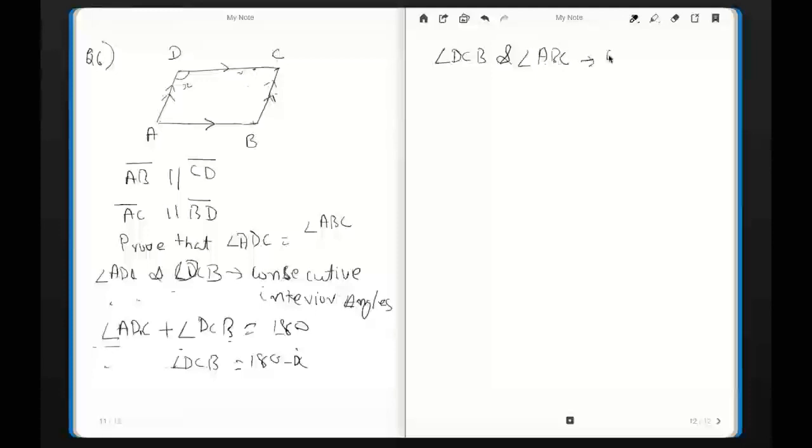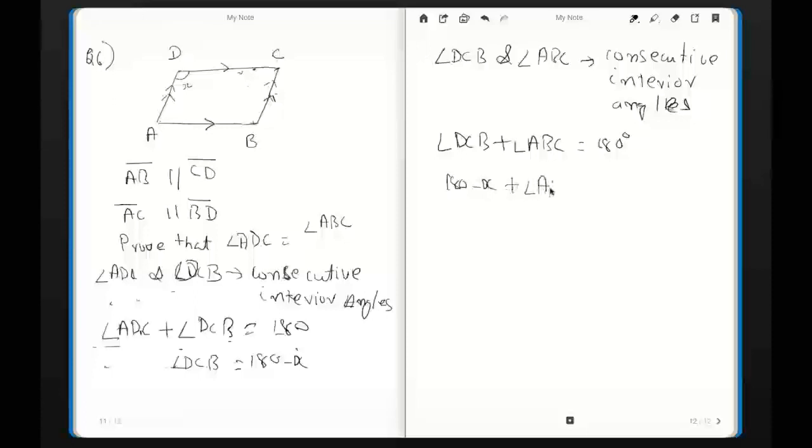They are again consecutive interior angles, and hence angle DCB plus angle ABC is equal to 180 degrees. And what is DCB? DCB is 180 minus X, plus angle ABC is equal to 180, which makes ABC equal to 180 minus (180 minus X), which gives X.